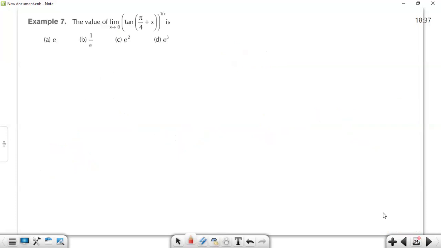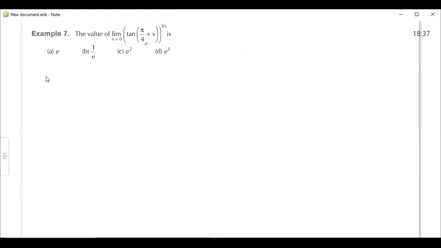So here's a question in which we can see there is a function down here and there is a variable also in the power. Okay, so let's rewrite the function. Limit x tending to 0, (1 plus x) power 1 by x.